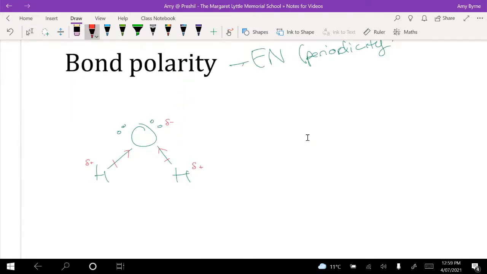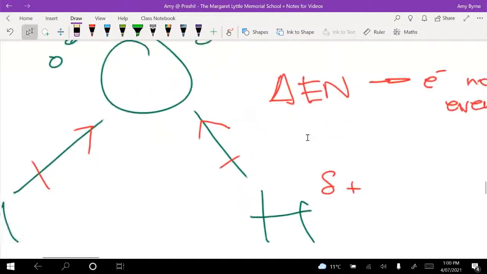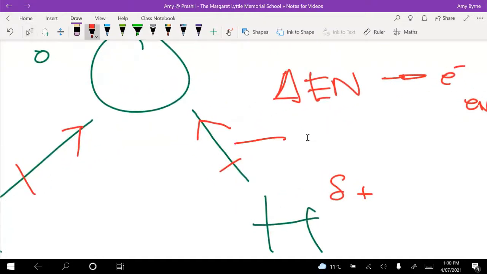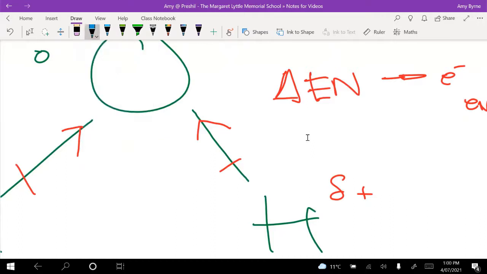Okay, so there is a difference in electronegativity, which means that my electrons are not shared evenly. Which means that this bond, let me just switch colours because that is confusing. This bond, I've done green and so let's do blue. This bond is something we call a polar bond.